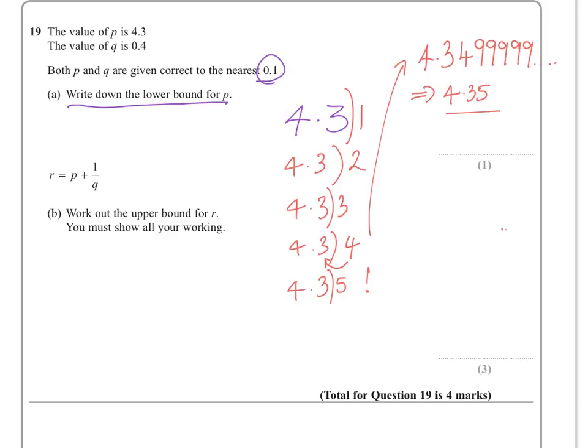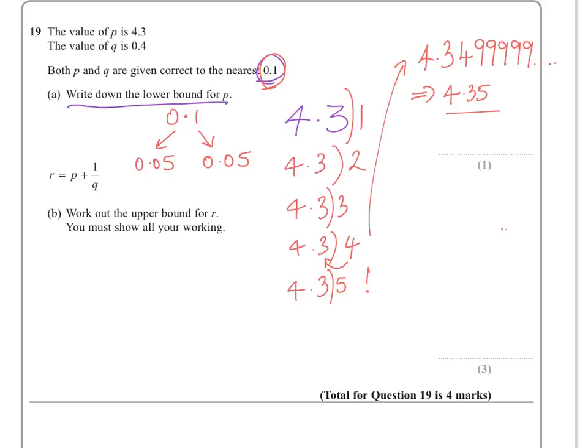And for upper and lower bounds, when you have something to the nearest 0.1, what you do is you split the 0.1 in half, and you can do that on your calculator. So if you take the 0.1 and divide it by 2, you can have 0.05 one way and 0.05 the other.